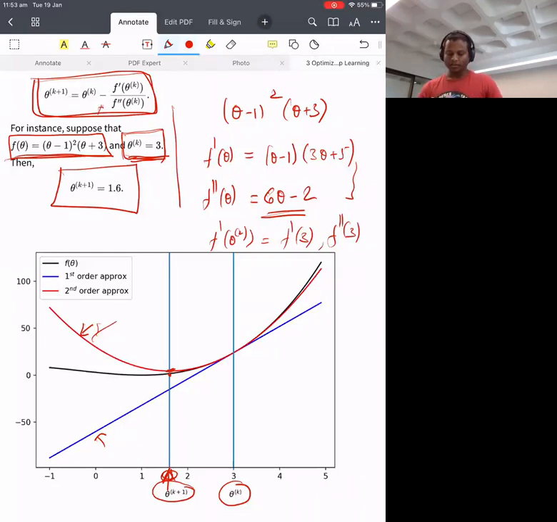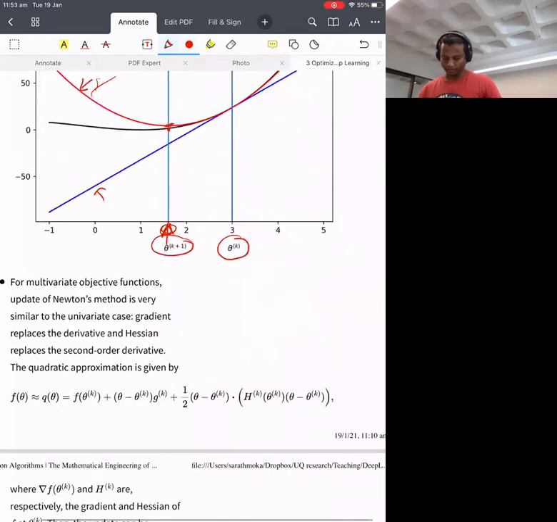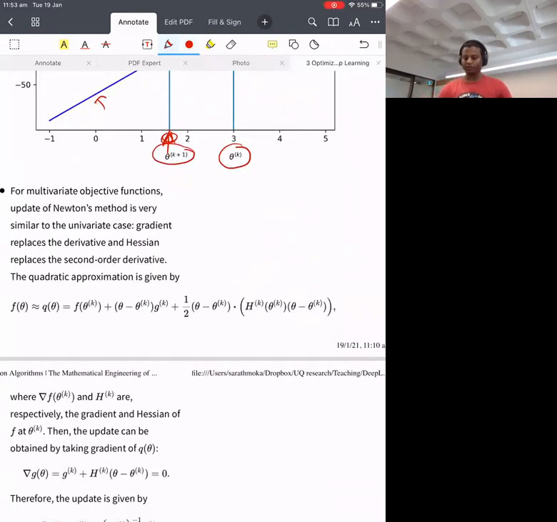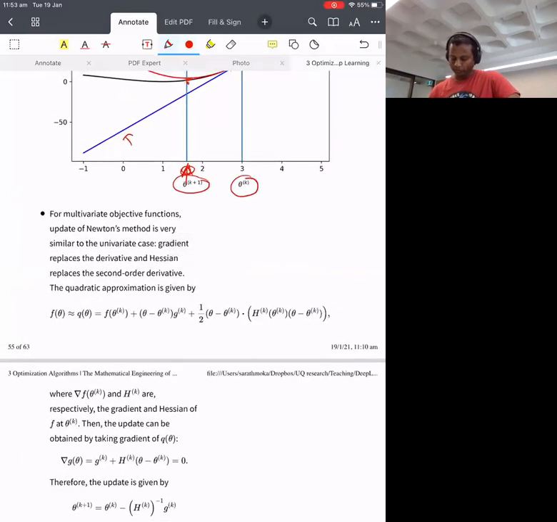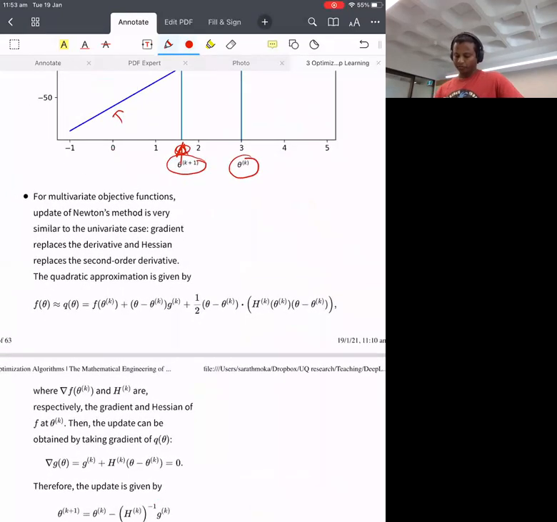We can use this in the one dimension case, and obviously we can extend this method to the higher order multi-dimensional case, just by again using the quadratic approximation. How do you do it? Recall the Taylor expansion for a multi-dimensional function, which looks like this.